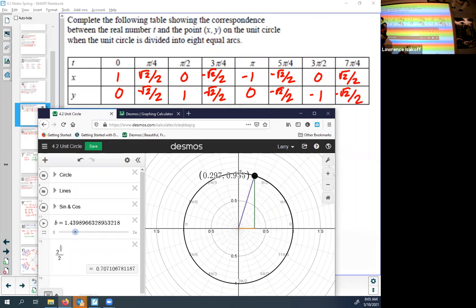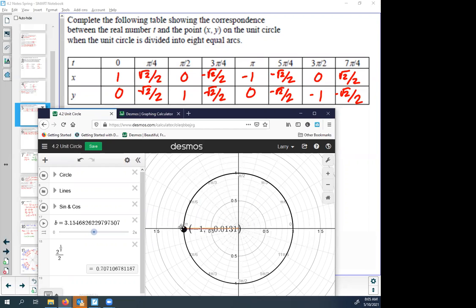When I get to pi over 2, that's right here. 3 pi over 4 would be right around here. So the x is negative, y is positive.